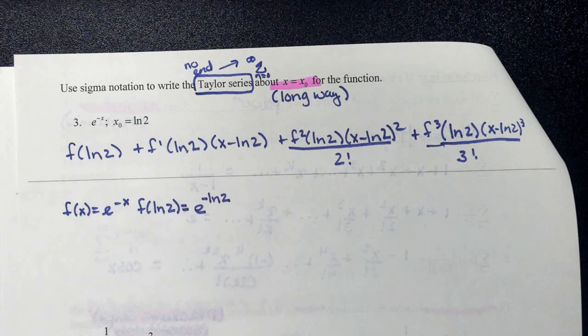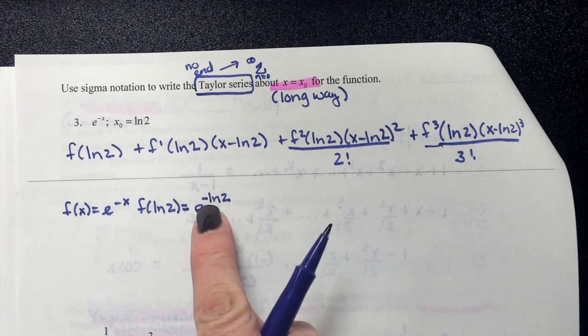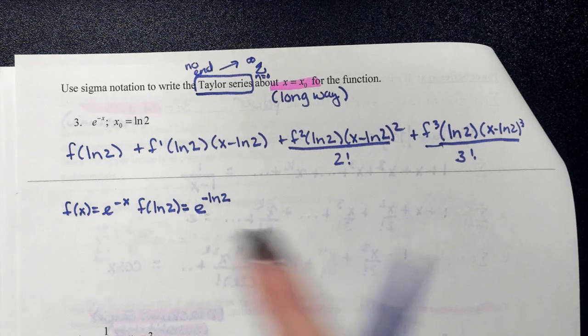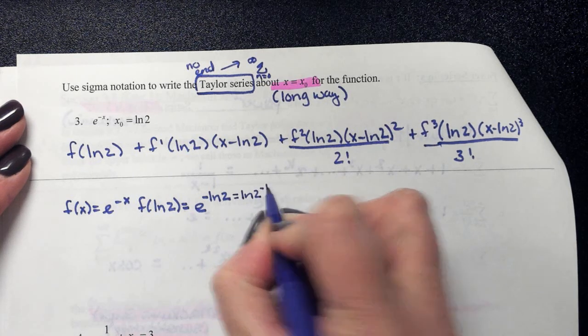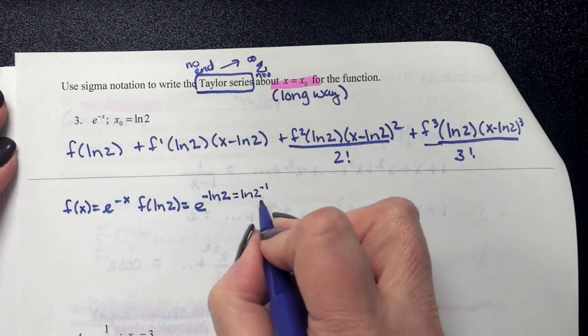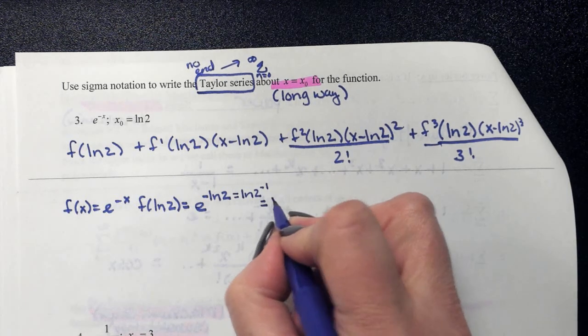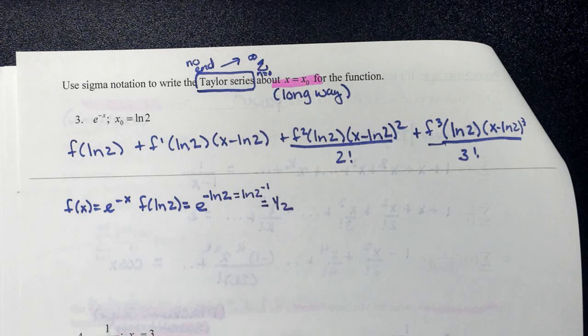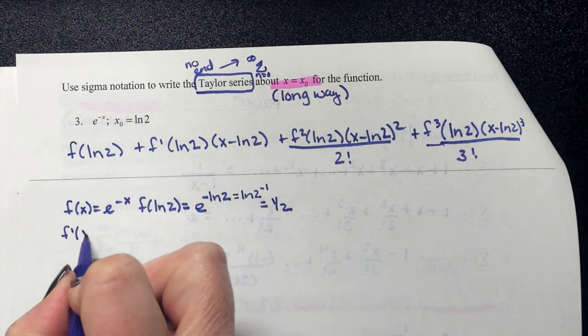Remember, before you can apply that composition rule of e raised to the ln, the coefficient of ln has to be a positive 1 in order to apply that composition rule. So you have to rewrite negative natural log of 2 as natural log of 2 to the negative first. So what is f of ln of 2 going to be equivalent to? 1/2. So remember that composition rule of e raised to the natural log, that coefficient of natural log has to be a positive 1.